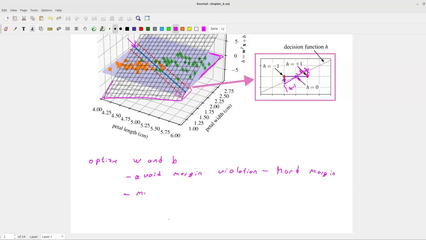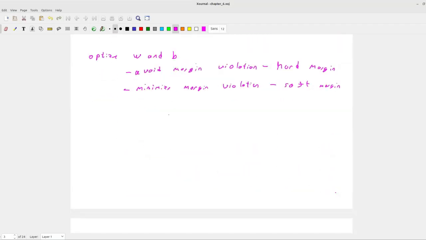Or we can minimize margin violations if we're in a soft margin. And soft margin is going to be much more common, right? It's very hard to actually get a system that has a pure hard margin. So typically we're going to be doing soft margins.